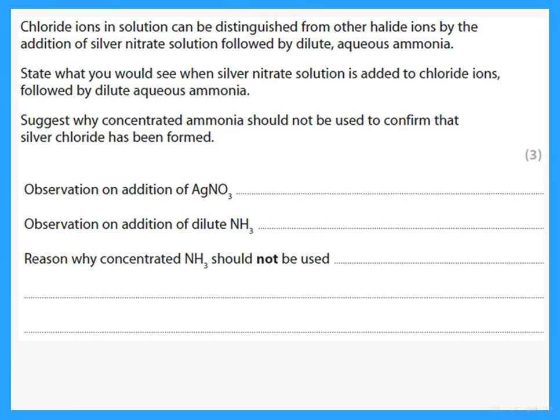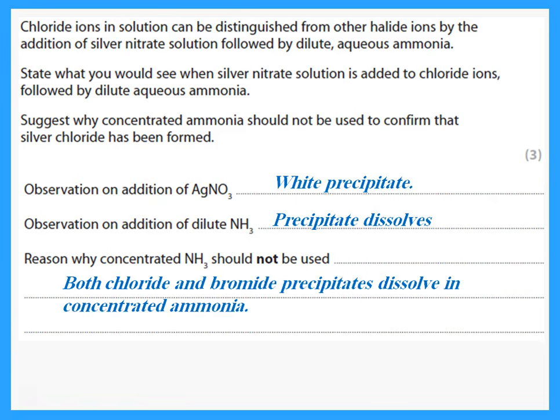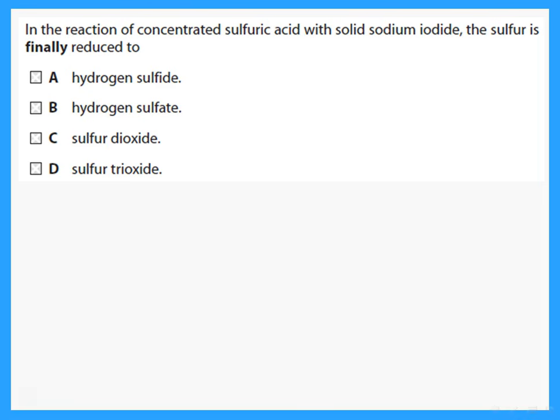State what you would see when it is added to chloride followed by dilute aqueous ammonia. So what we have here is chloride with the silver nitrate giving a white precipitate. With dilute ammonia, the precipitate dissolves. Now, why should concentrated ammonia not be used? Because both chloride and bromide precipitates would dissolve in concentrated ammonia.